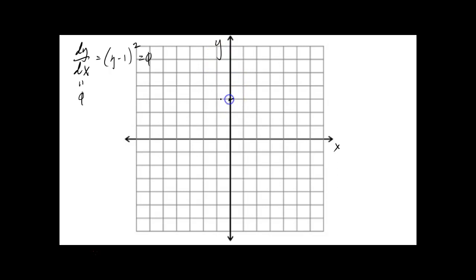So that'd be 1, and this is 2. And this will be -1, and this will be -2. We don't need them, but I'm just writing them in. Okay. So therefore, here's your critical value. Everywhere where y is 1, your slope is going to be 0. No matter what x value, when y is 1, your slope is going to be 0.